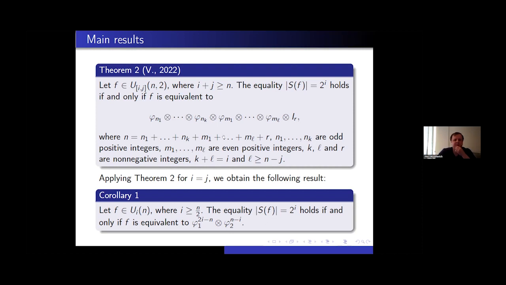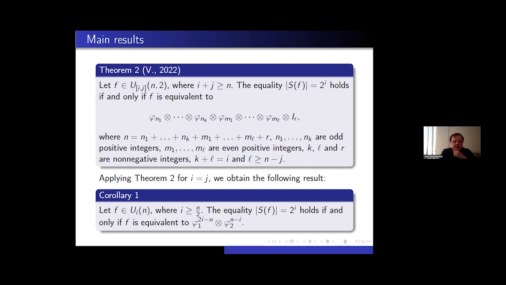And so if we have a partition satisfying the conditions of Theorem 2, then this partition gives functions that are optimal in space U_{i,j}. And if we consider the case when i equals j, we have only one partition satisfying Theorem 2.